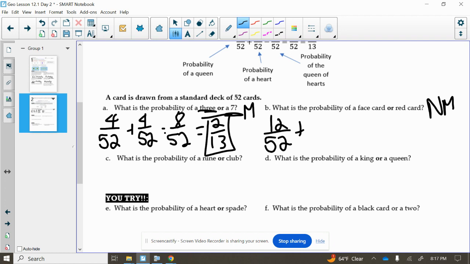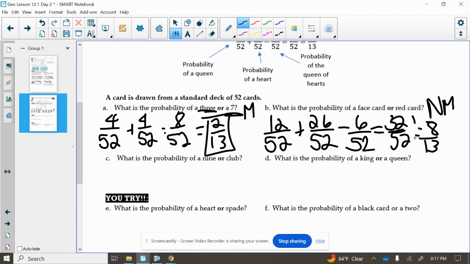And then there are 26 that are red, right? Half the deck is going to be red. Of those, the king, the queen, and the jack of both the hearts and the diamonds are going to cause overlap to be both of those things. So we would subtract that away, and you end up with 32 over 52, which reduces to be 8 over 13.